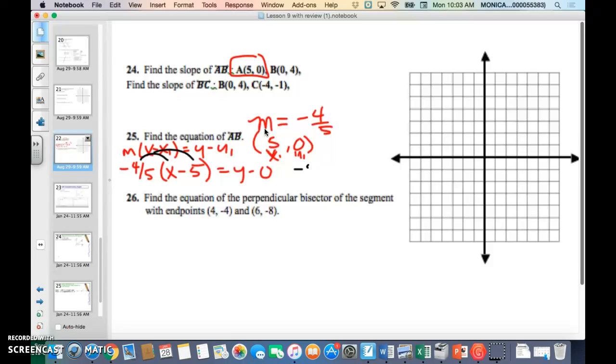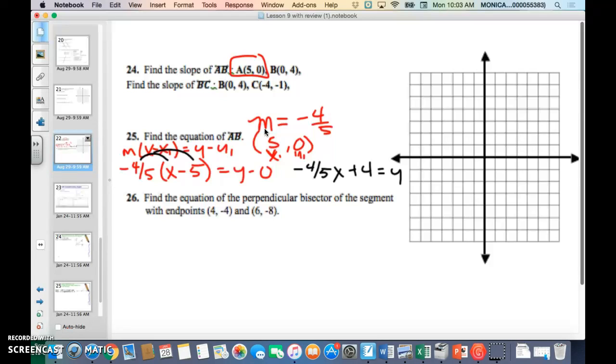So it'll be negative 4 over 5 x. It's going to become positive 4. And I don't have anything to add or subtract from the y, so I can just rewrite that as y. So that would be the equation of line AB.